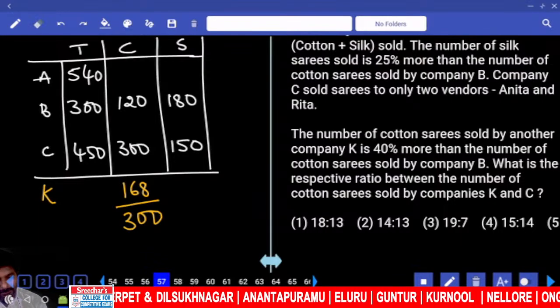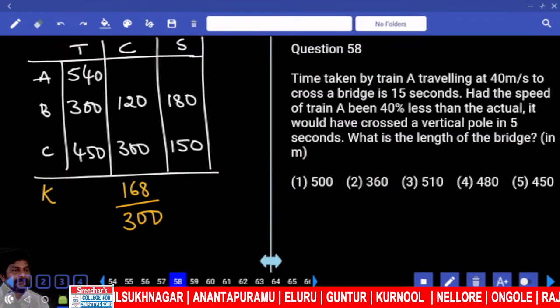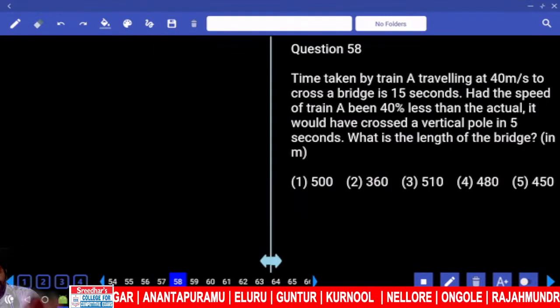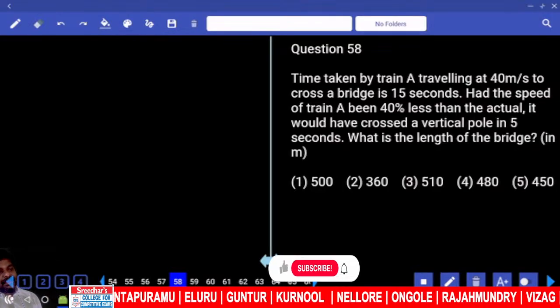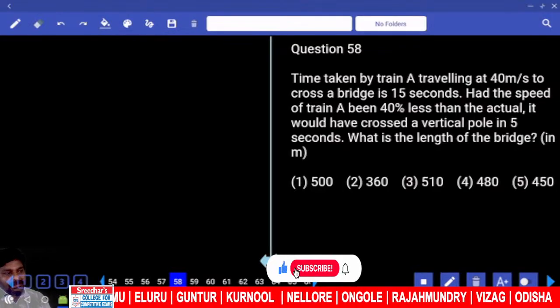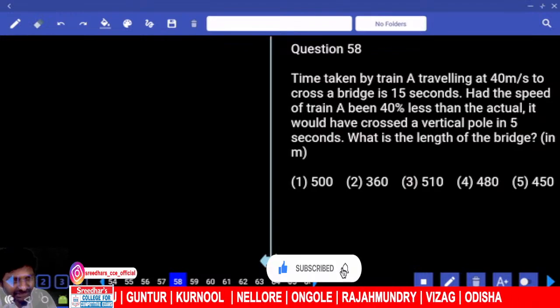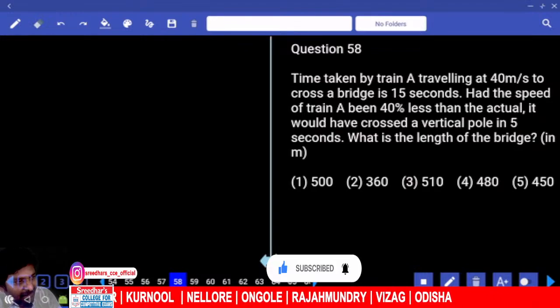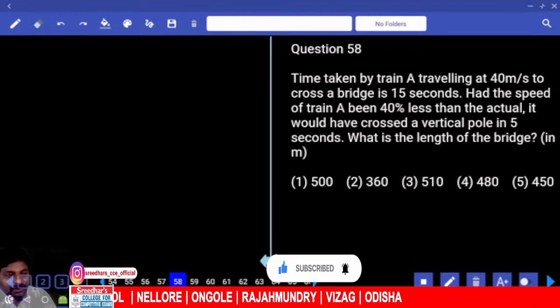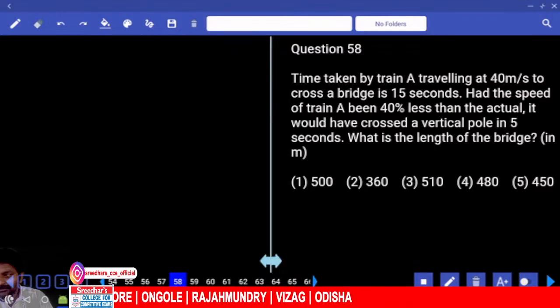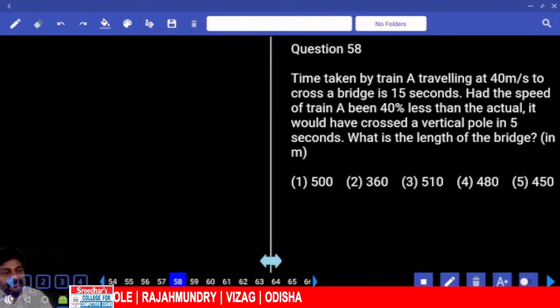Okay, now. The time taken by train A traveling at 40 meter per second to cross the bridge is 15 seconds. Had the speed of train A been 40% less than actual, it would have crossed the vertical pole in 5 seconds.